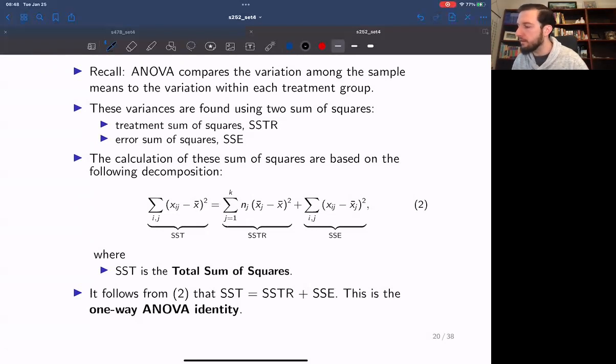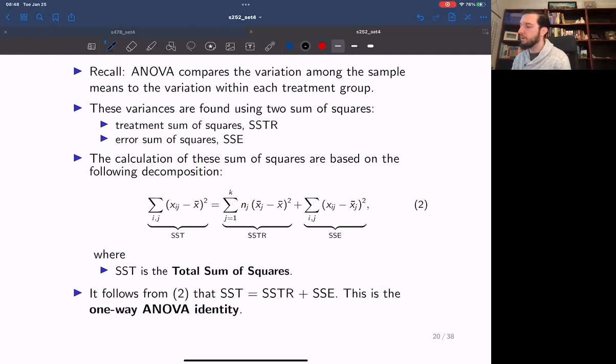Okay, so we're going to calculate our variances from these sum of squares values defined in equation 2. So we have 3 different sums of squares in the one-way ANOVA case. We have SST, we have SSTR, which is the treatment sum of squares, and SST is the total sum of squares. And then we have SSE, which is the error sum of squares.